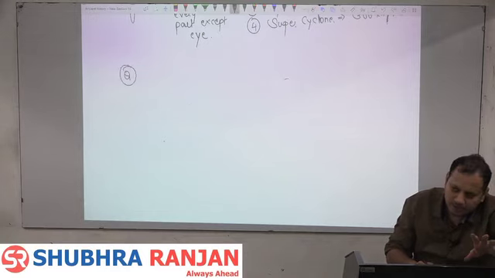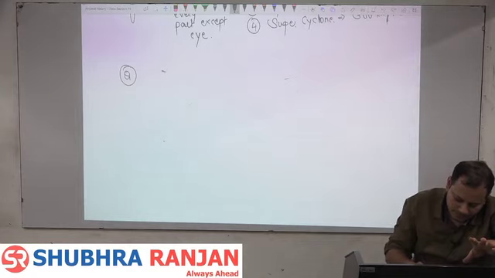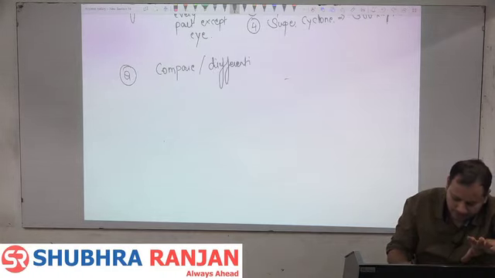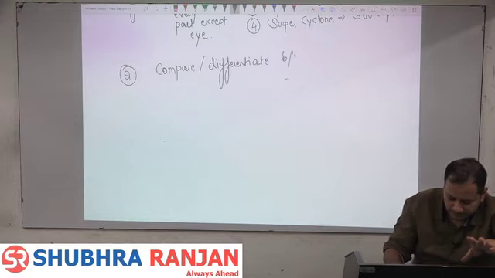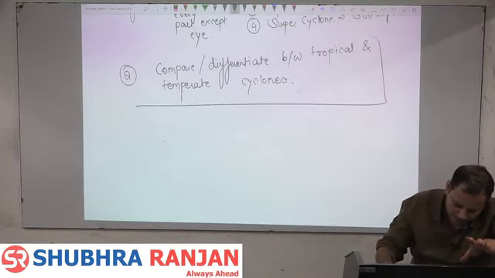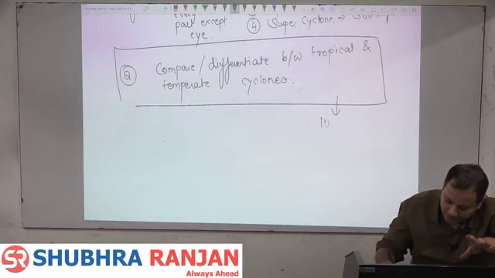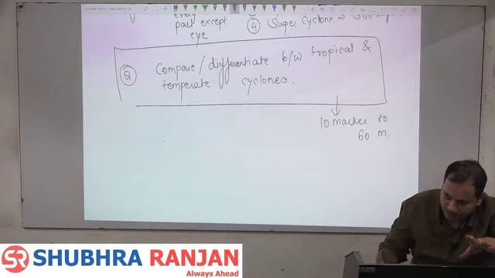The most commonly asked question in our climate is, कभी compare और कभी differentiate between tropical and temperate cyclones. It has come right from 10 marker to 60 marker.